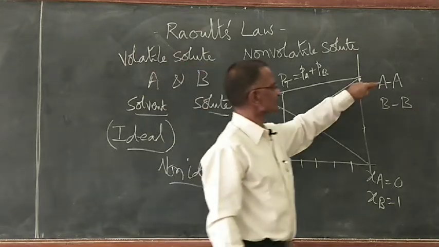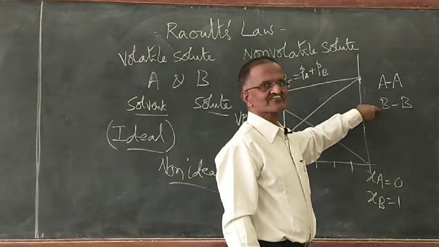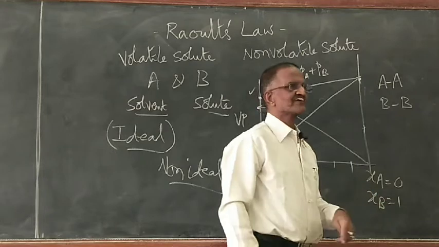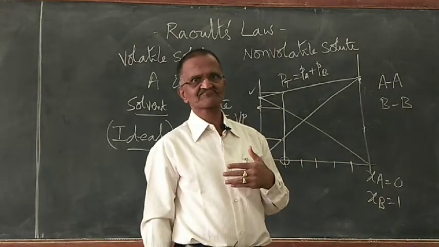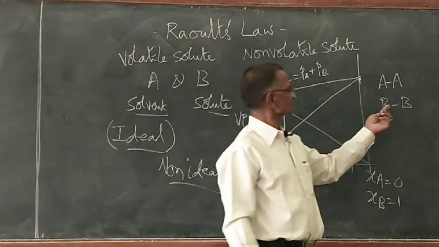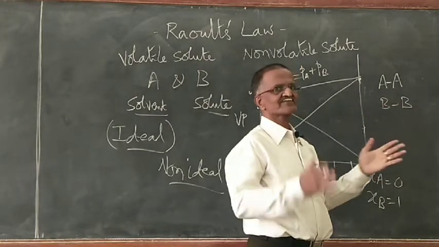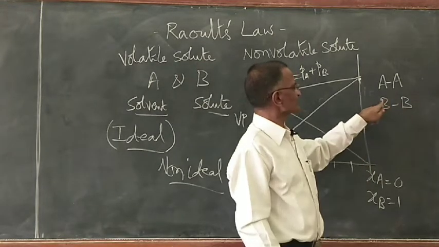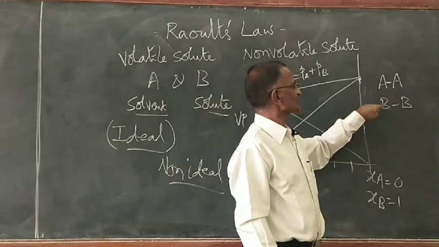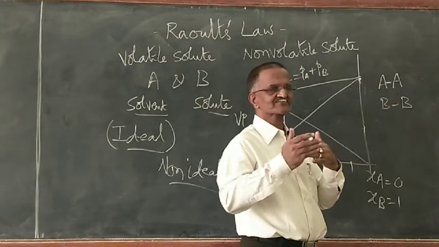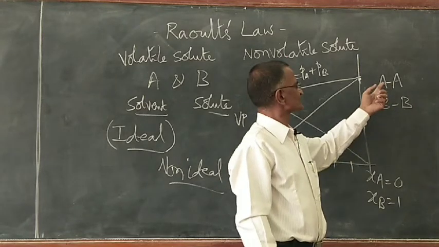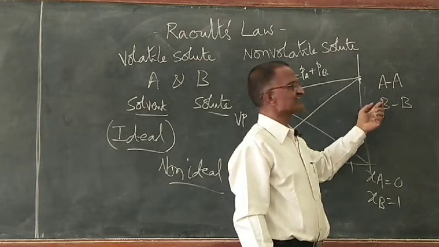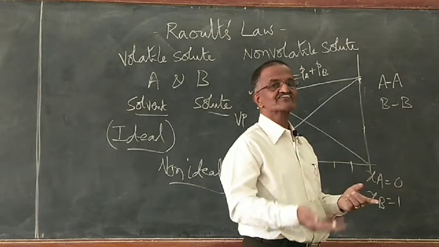But when I have a mixture of A and B, what will happen? A and B may get involved in a stronger attraction. That means when B alone is there, the interactions are there, but when you add A to B, the attractions that develop between A and B will be different, and may be stronger.